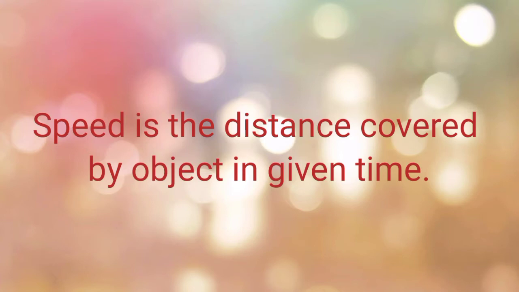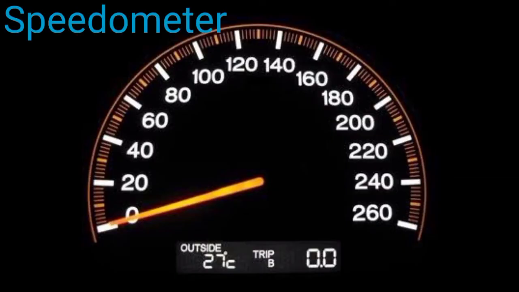If the speed of the vehicle is more, it takes less time to reach another point, and if the speed is slow, it takes much more time to reach the destination. So speed is the combination of distance and time.